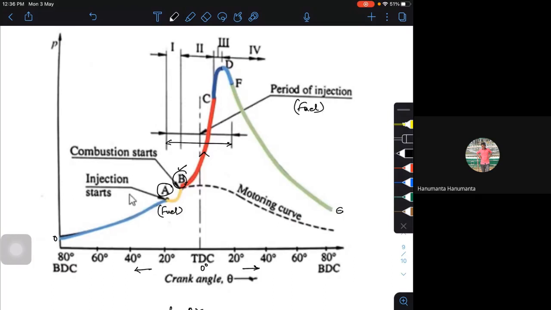So a lot of studies have to be done to understand this. A little bit of rich mixture, 10% rich, will have this uncontrolled combustion lead to what is called detonation or knocking. So here fuel control has to be very, very specific, very precise.